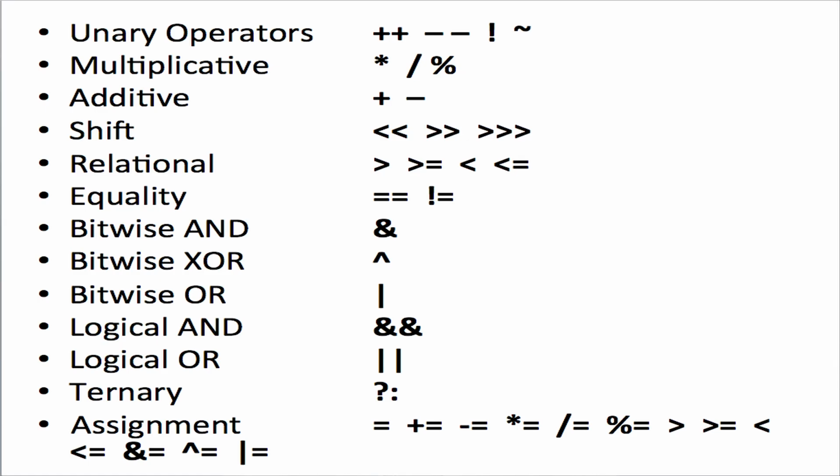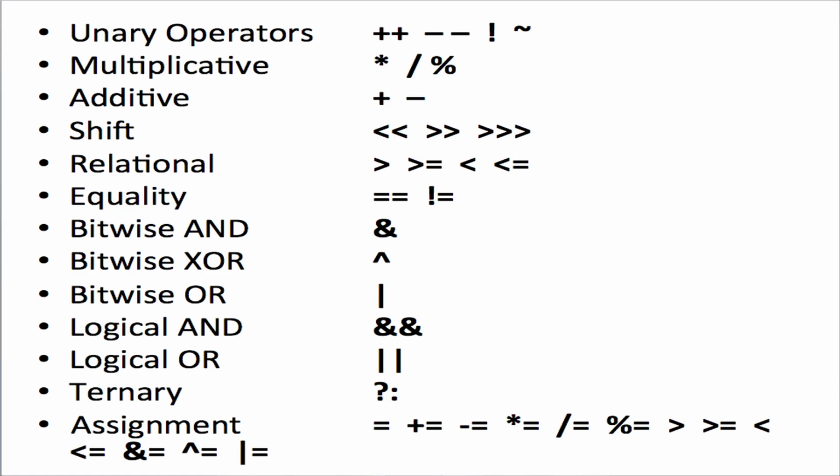Shift operator comes in the fourth number. Relational in the fifth number. And the equality signs, double equal sign or equal to and not equal to, come in sixth place. Then bitwise AND, then bitwise XOR, then bitwise OR, then logical AND. So we have to remember the precedence of different operators. So this is the precedence.